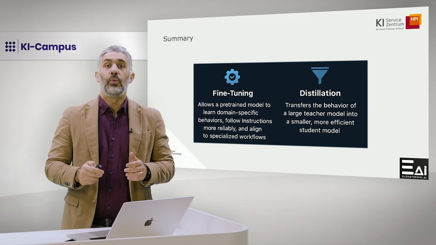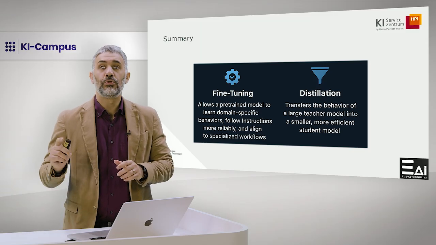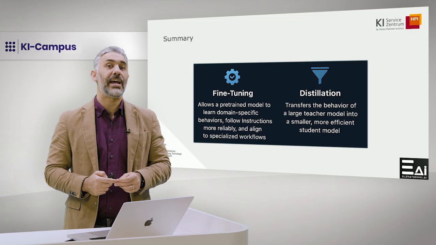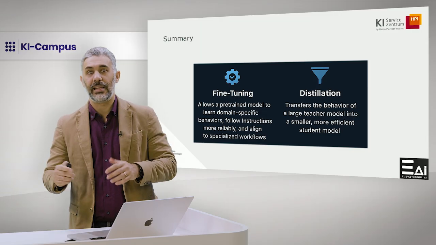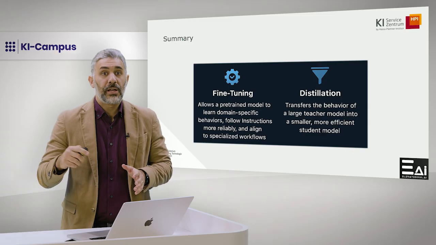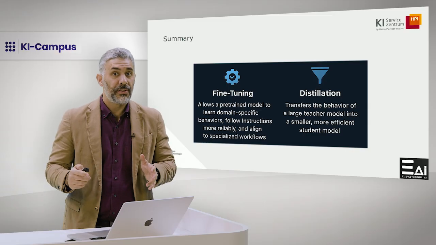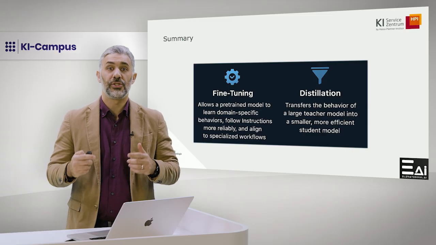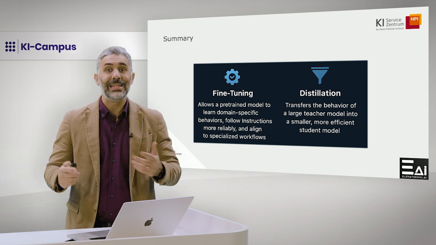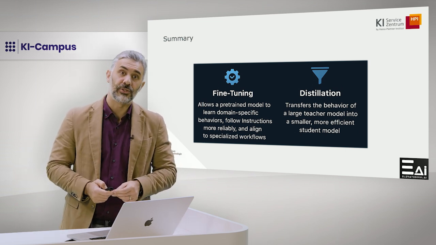In this video, we took a brief look at two important techniques for adapting LLMs for agentic AI systems, fine-tuning and distillation. We saw that fine-tuning allows a pre-trained model to learn domain-specific behaviors, follow instructions more reliably, and align to specialized workflows without needing to train a model from scratch.